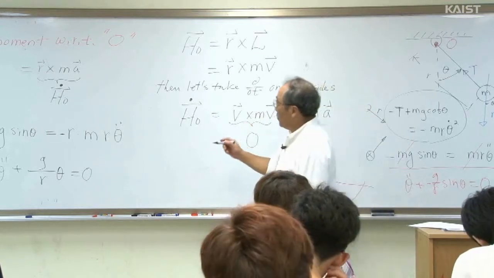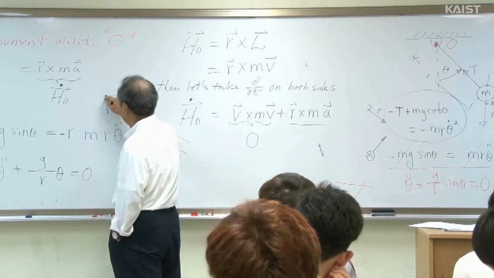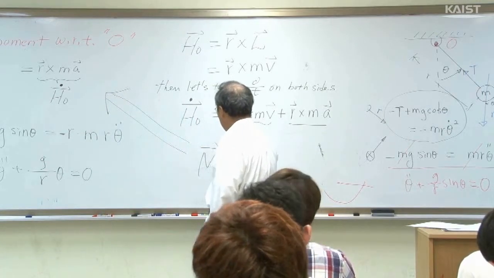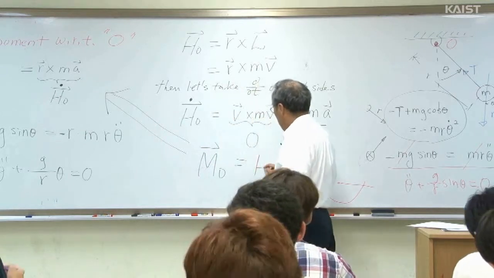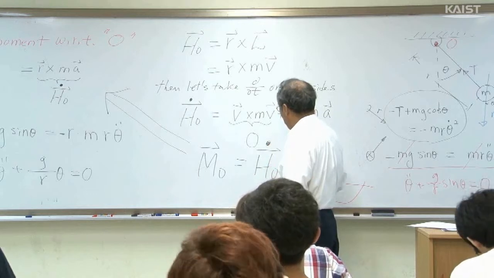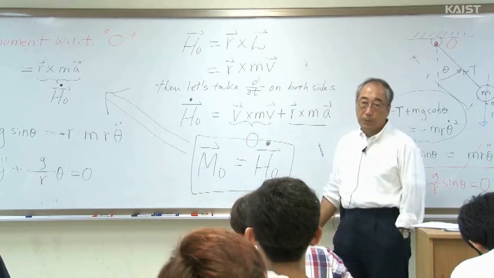So in conclusion, we can say again this. Moment with respect to a certain point would be the same as the rate of change of angular momentum with respect to that point.